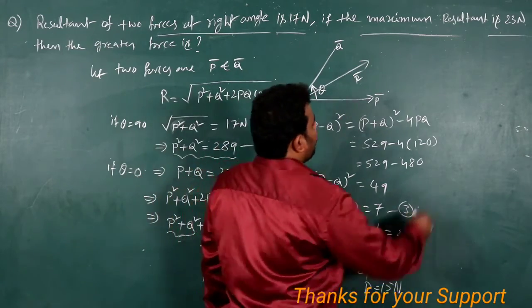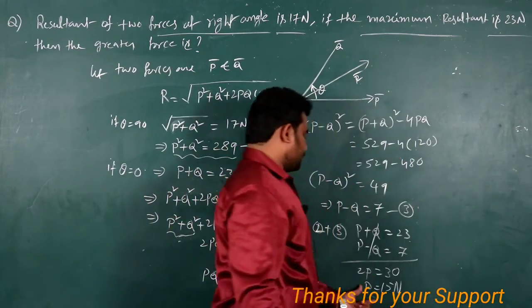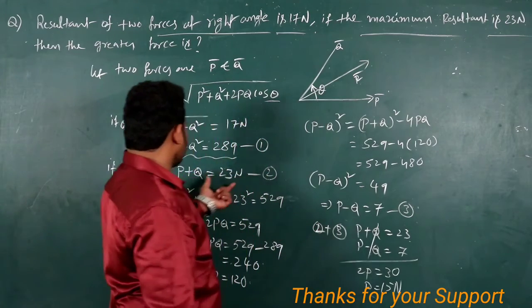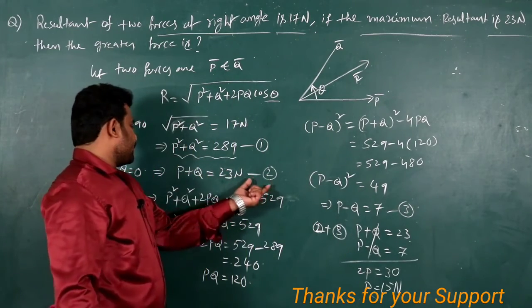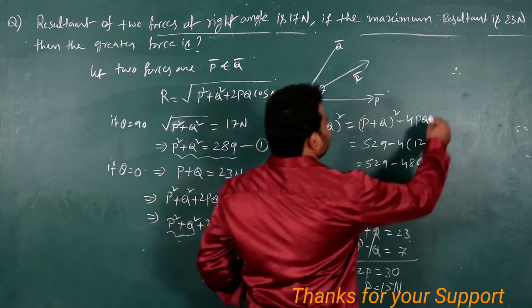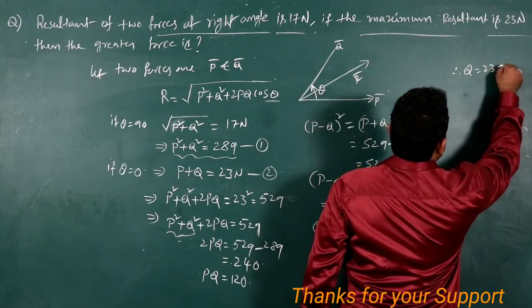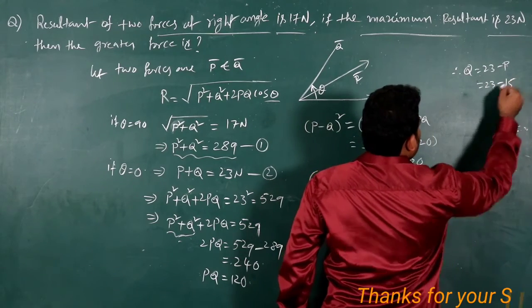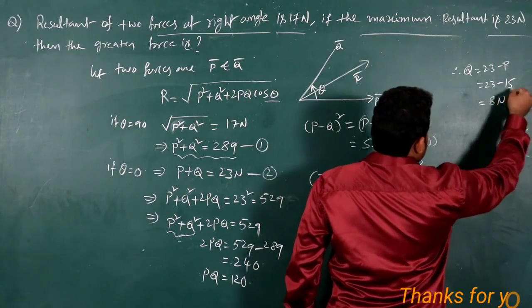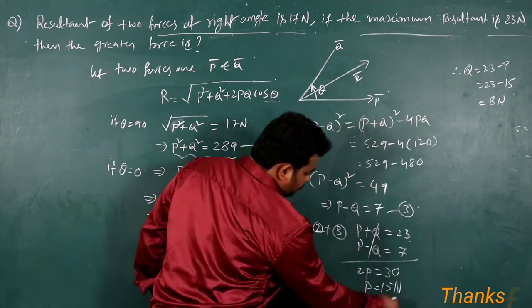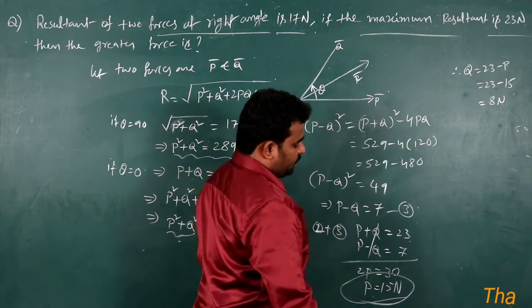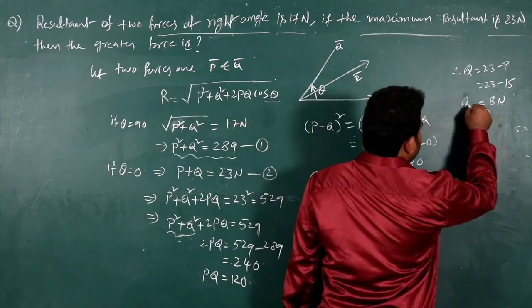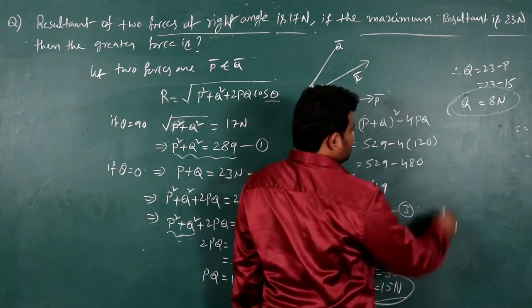By substituting this 15 newtons in the second equation, Q is equal to 23 minus P, that is equal to 23 minus 15, that is equal to 8 newtons. Therefore, we got the individual forces: P equal to 15 newtons and Q is equal to 8 newtons.